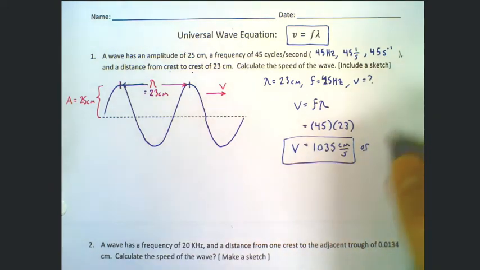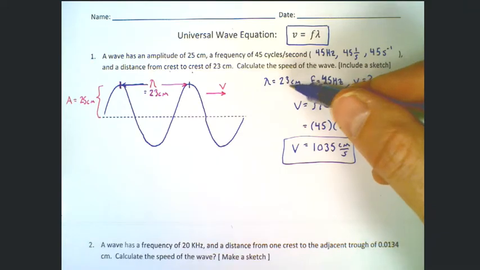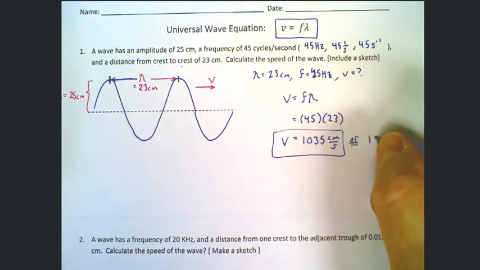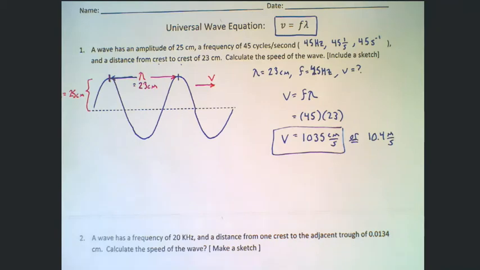Or if you were inclined to convert the 23 centimeters into meters and make it 0.23 meters, this would be 10-ish meters per second. I just rounded it, 10.4 meters per second. So that's it. That's a simple type problem.